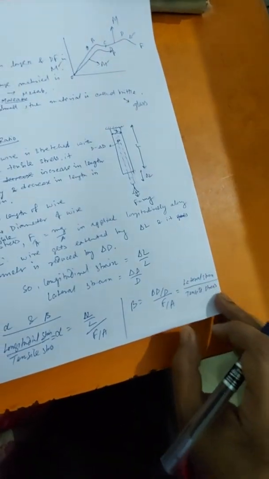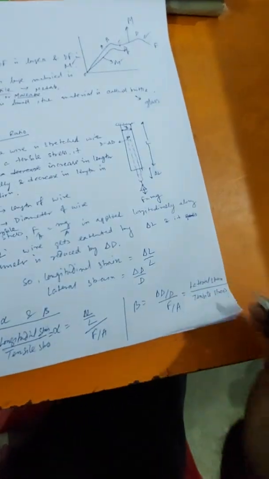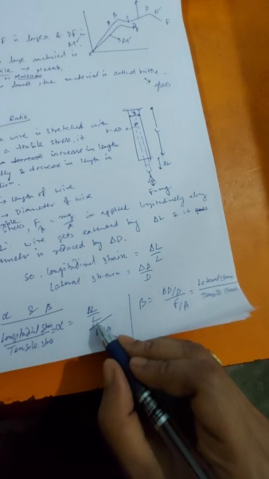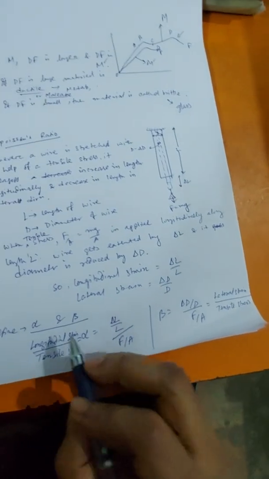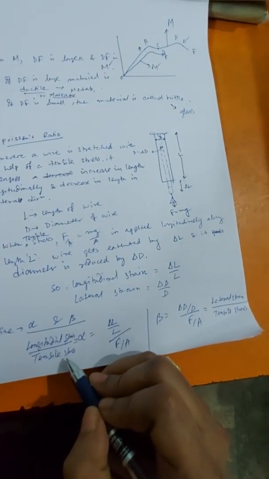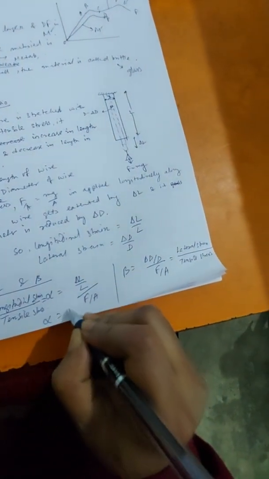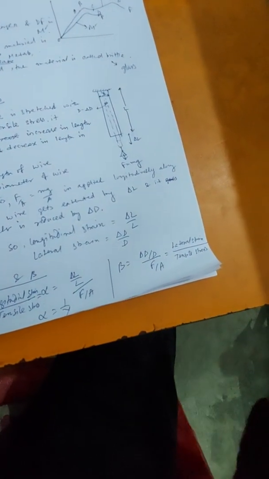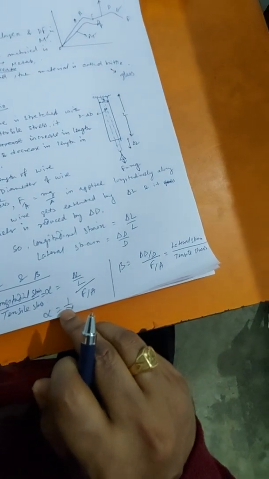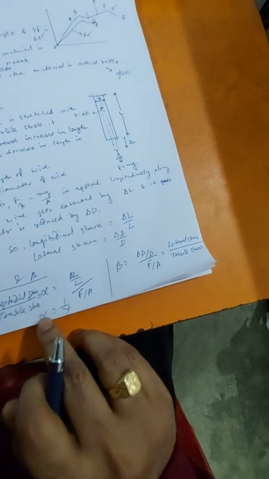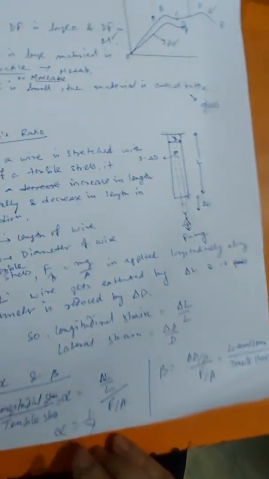As you can see, alpha is equal to delta L by L divided by F by A, this is strain by stress. This is also equal to what? From this relation, alpha is equal to 1 by Y. As Y is equal to tensile stress by longitudinal strain, it is the inverse of alpha.